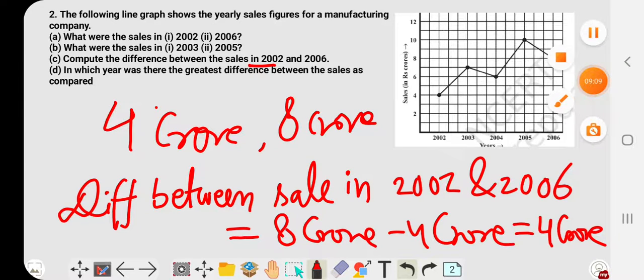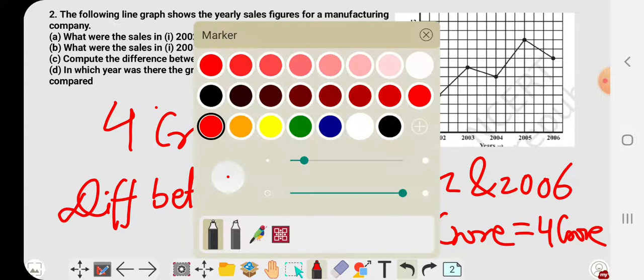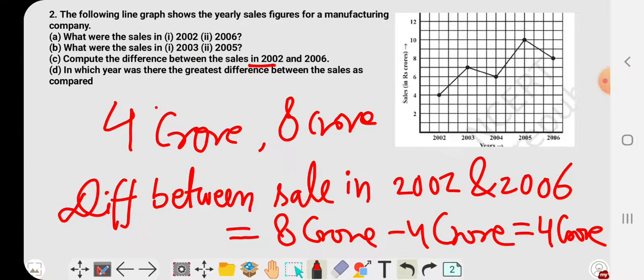See, in a line graph we can find more easily, without calculating, in which year the difference is greater, in which 2 years the difference is greater. You can see here it is 4, then 6, then it's 7, then 6, then 10, and again it is 8. So where do you see the greatest inclination or the fall?